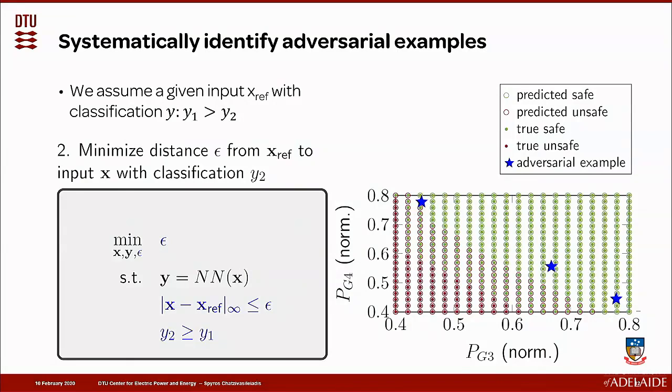Intuitively, you would think they get closer to uncertain. The closer to the boundary you get, the closer Y1 and Y2 get, but this is not always the case. The difference between Y1 and Y2 is how certain the neural network is that this is safe, but this doesn't mean that you are close to the boundary or not, right? It's two different things.